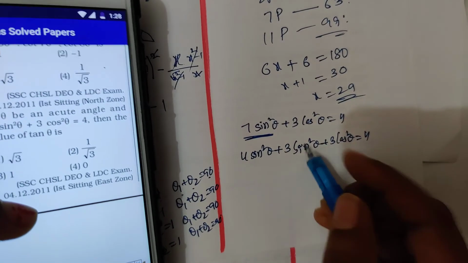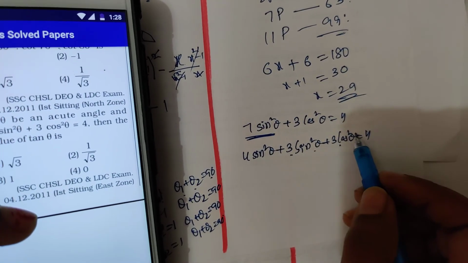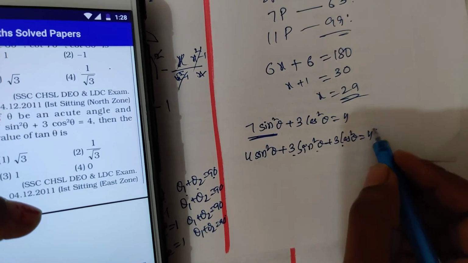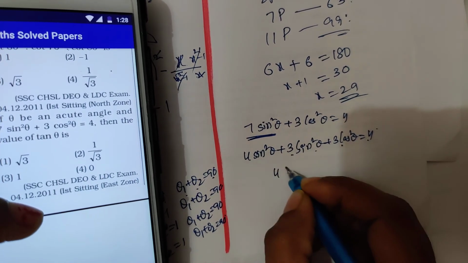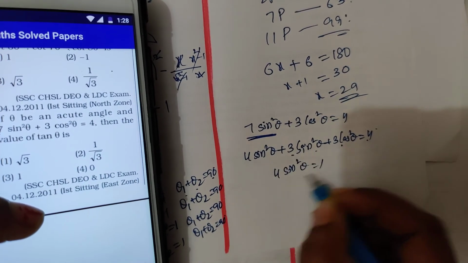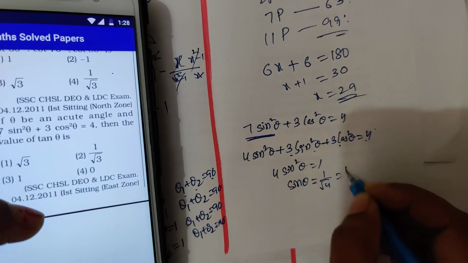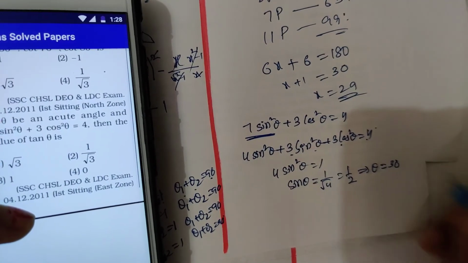If we take 3 as common, 3 into sin square theta plus cos square theta, sin square theta plus cos square theta is 1, and if we take this to other side, we will get 4 minus 3 is 1. So 4 sin square theta is 1, sin theta is 1 by root 4, which is equals to 1 by 2. Then the value of theta is 30 degrees.